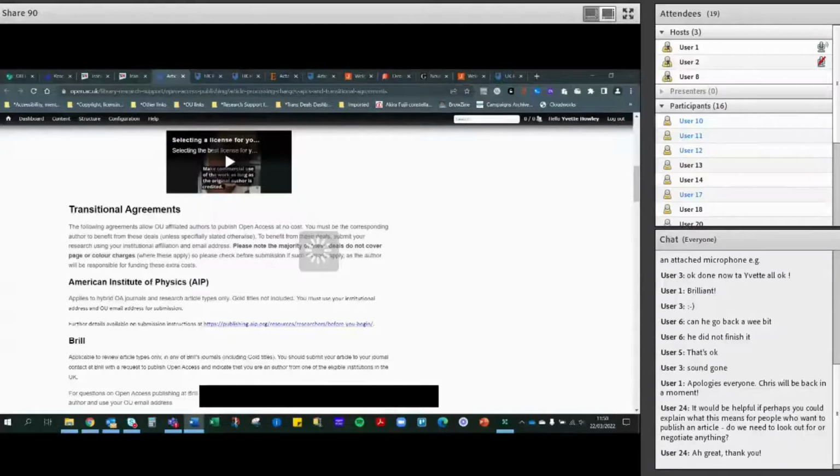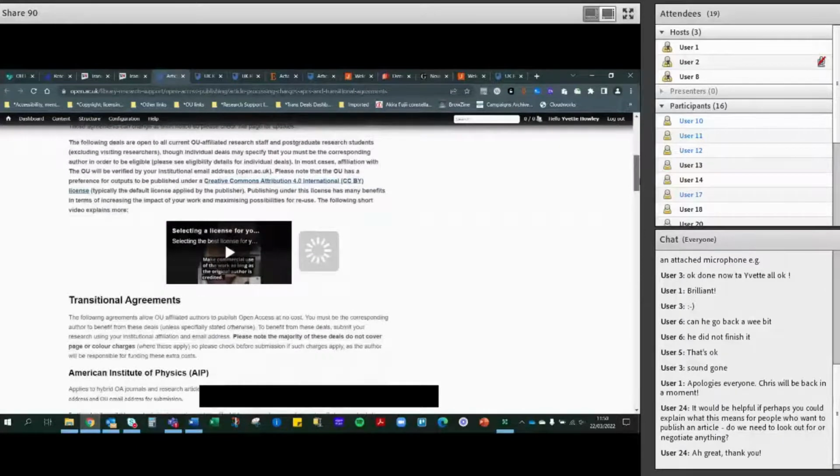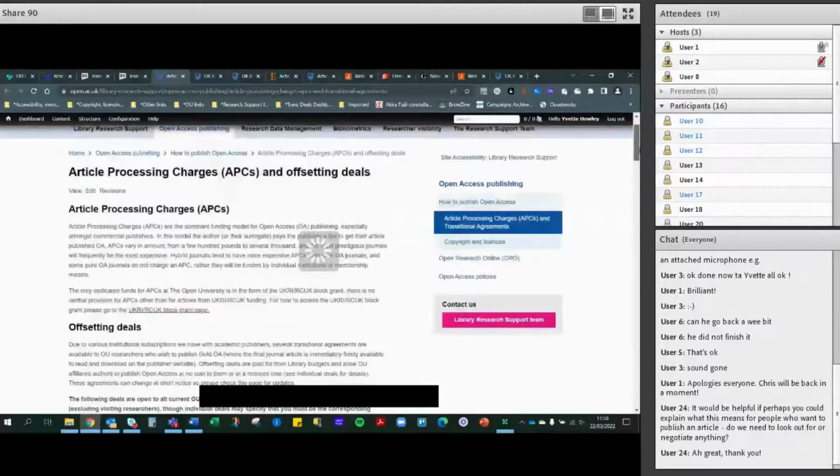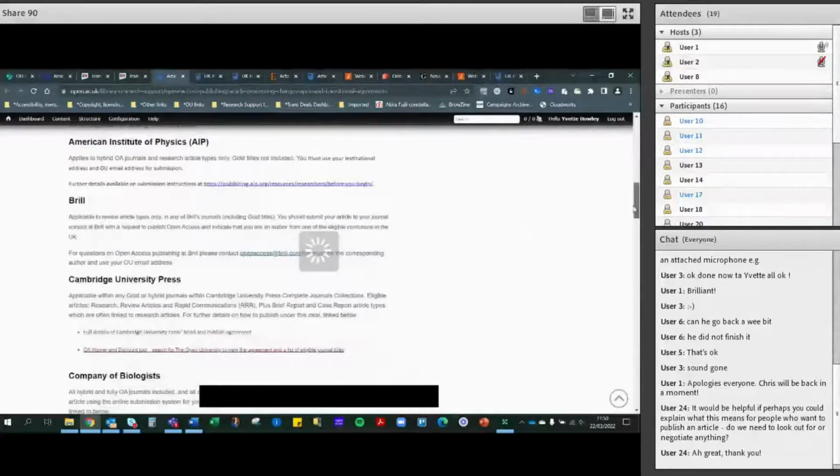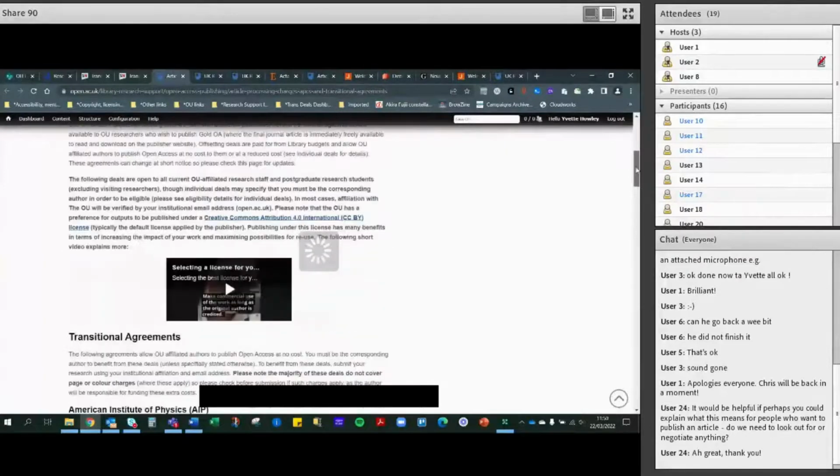But generally, these come through quite easily and there are no issues at all. So make sure that you bookmark this web page, and you can go back to it and check all of the eligibility deals as and when you're ready to publish in any of our covered journals. So that's scenario one.